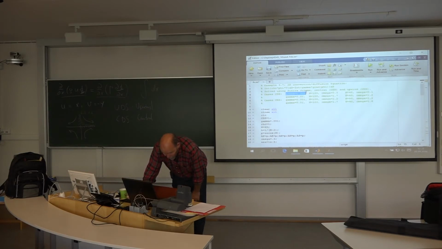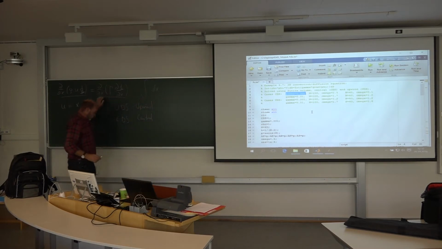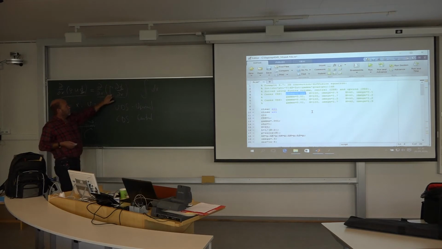Now the value of this gamma, the diffusion constant, the smaller it is, the harder it will be to solve. Think of it as a viscosity. So with a very, very small viscosity, this problem is going to turn turbulent. It's impossible to solve.